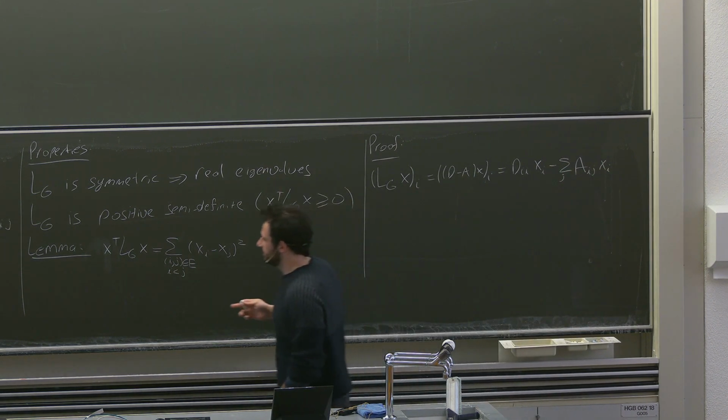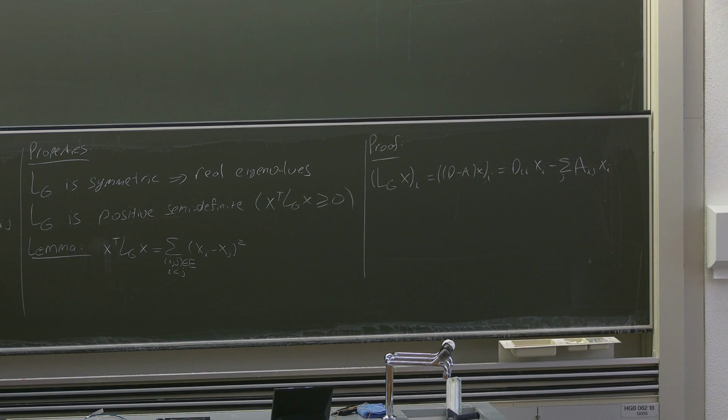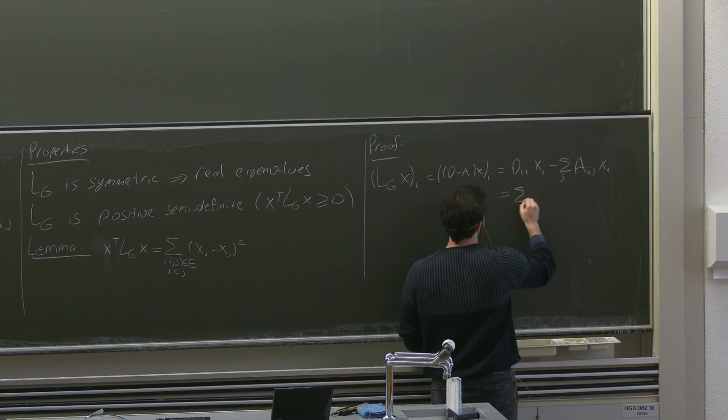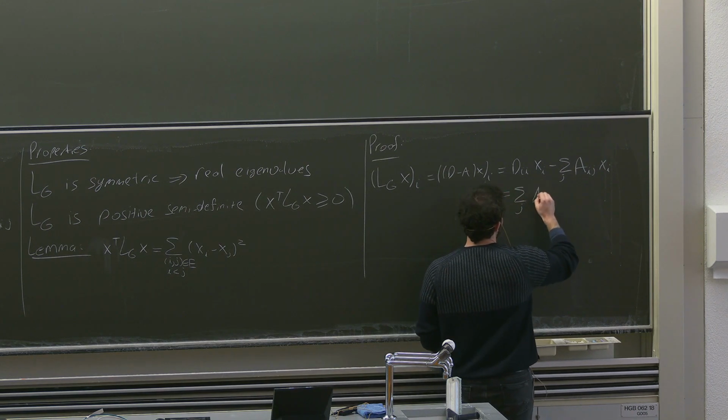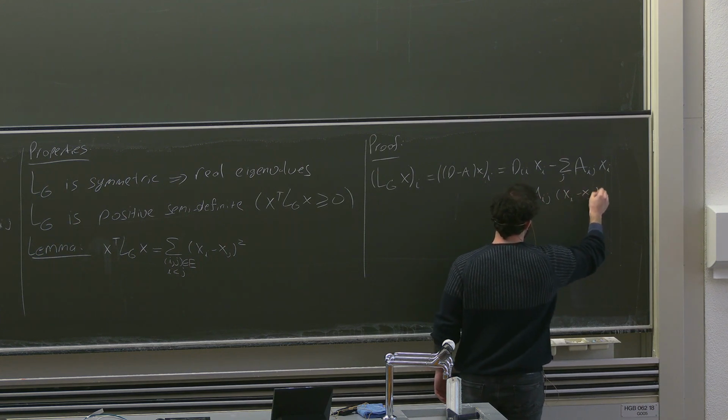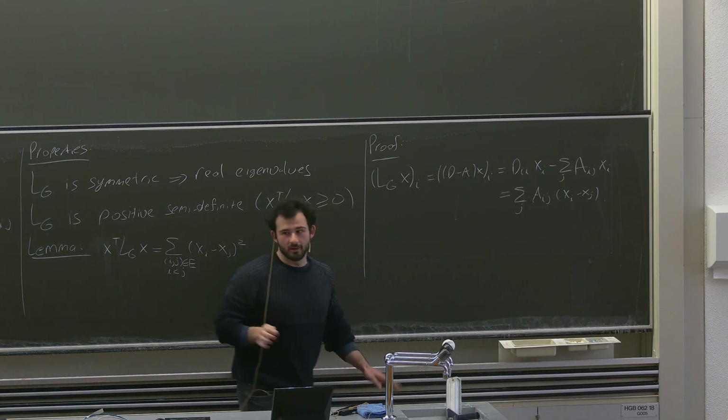And we already saw that d_ii is actually the sum over j of a_ij. So when we replace it with that here, we get the sum over j of a_ij (x_i minus x_j). Everything good until now?